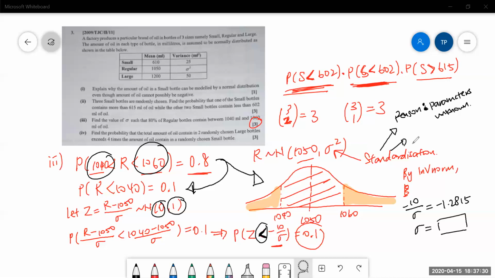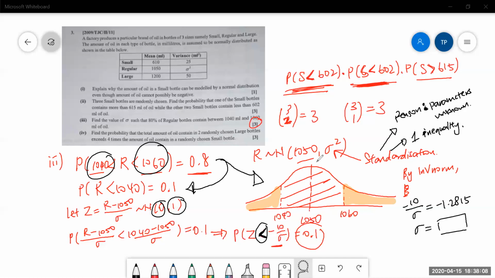But what to take note of when standardizing is that you have to make sure there's only one inequality present. If you have two inequalities on the left and right hand side, don't do that. Some teachers will tell you that never mind, it's okay. Don't do that. Just make sure that there's only one inequality.